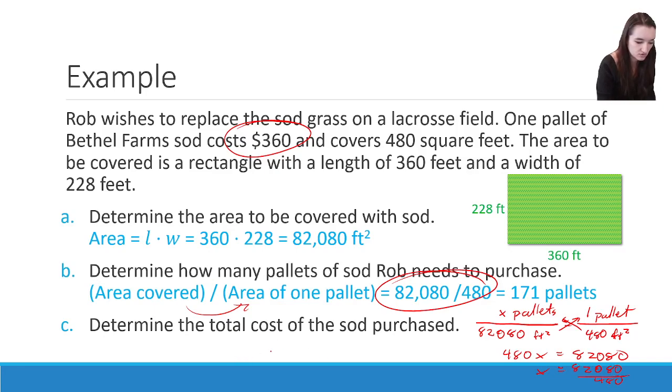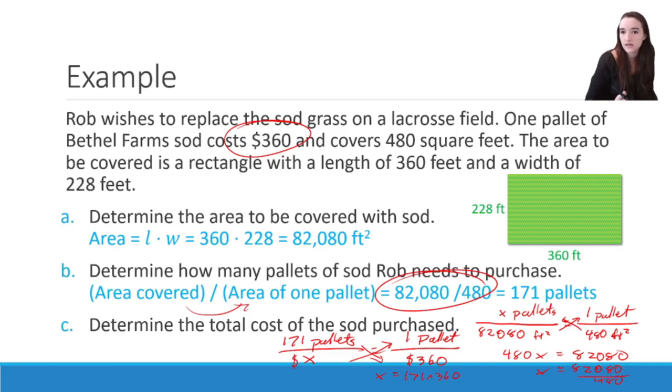So if we wanted to do a proportion, we could say 171 pallets is X dollars, which would be equal to 1 pallet over $360. So when we cross multiply, we'll end up getting X equals 171 times 360. And that will get us to our answer.